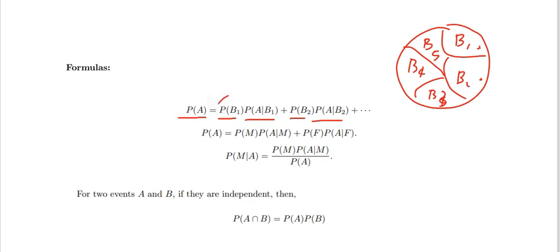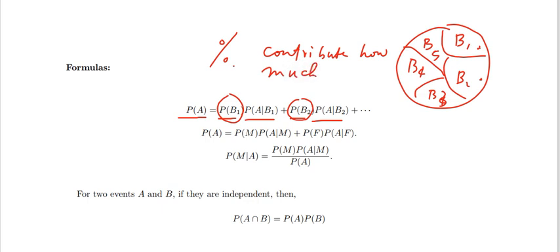Those are probabilities, and those can also be the percentage or contribution. Like this part contributes 20%, this part contributes 80%, right? Like that.